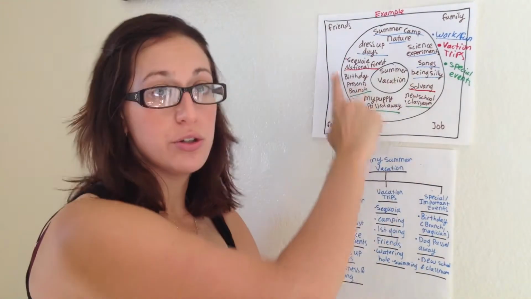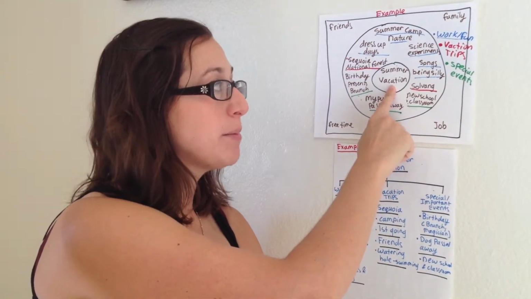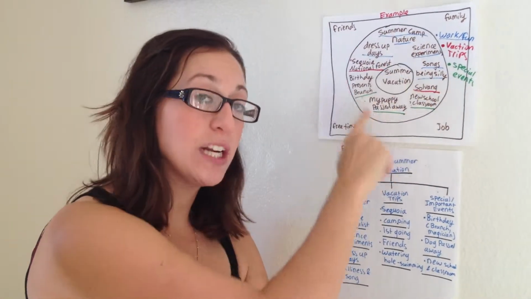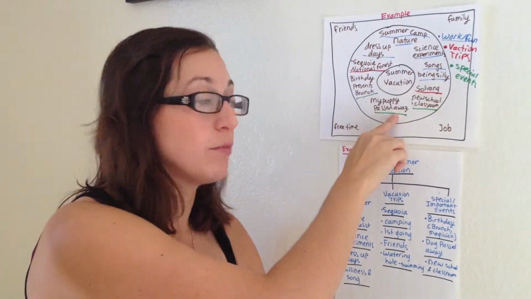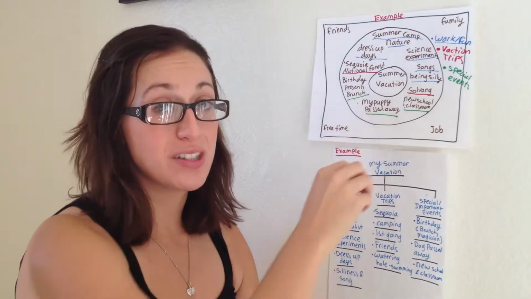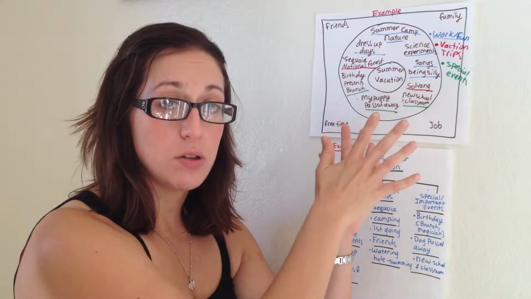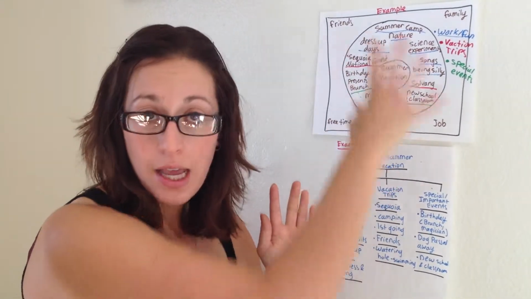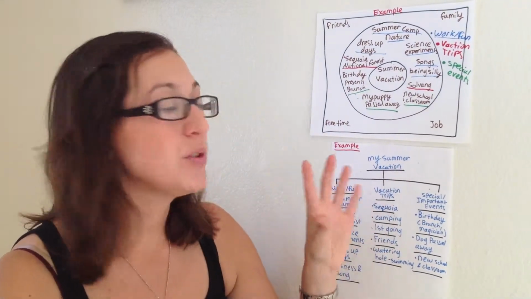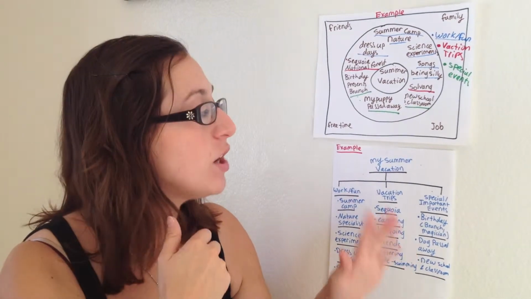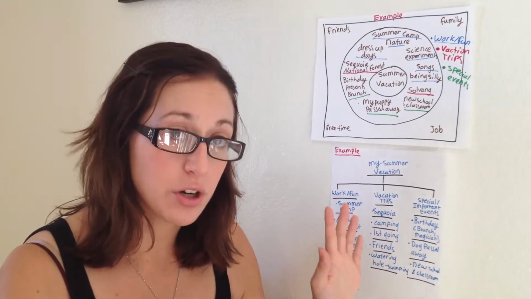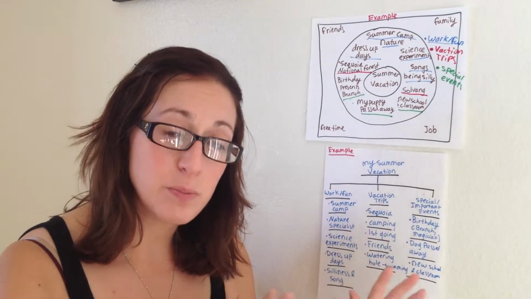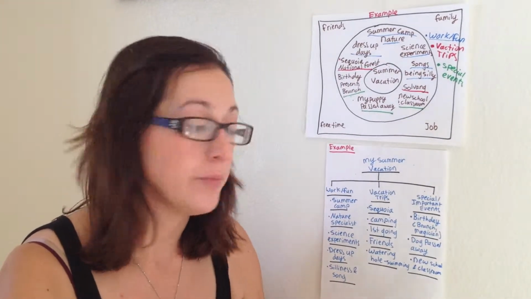So here's my original circle map, where I talked about my summer vacation and I started to categorize some of the ideas that I put in the center of my circle map. Now a circle map is just kind of, you have all of your ideas that go along with it and they're thrown onto one area. A tree map helps you organize those ideas. Now a tree map doesn't always come after a circle map, but in this particular case this is how we're going to use it. Okay?